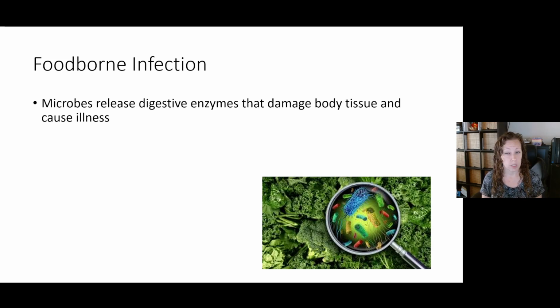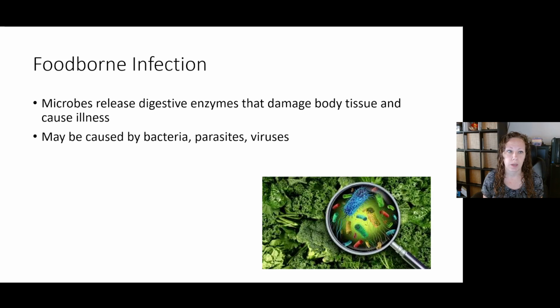So there's no toxins released, it is just enzymes that eat away at your body tissues because that's what they do. They are made for digestion, and that causes the illness. So these foodborne infections may be caused by bacteria, parasites, or viruses.